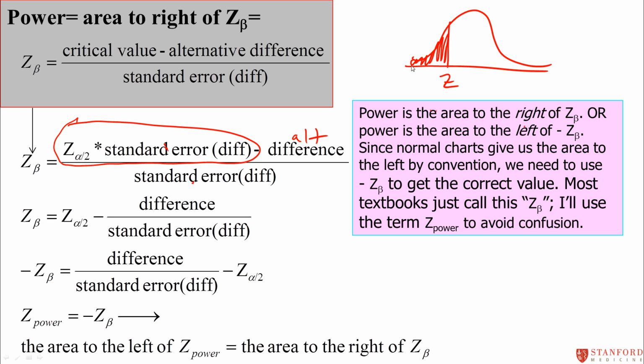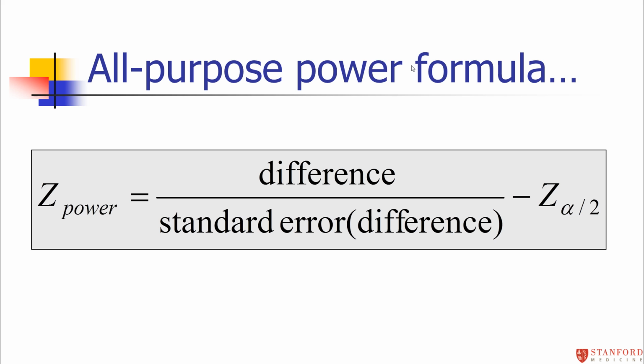That's the whole idea. So now we have here a general all-purpose power formula. If you want to calculate z power, and then you can go take that z power and find the area that goes with it to the left, you take the alternative difference, that is the true difference in means, you divide it by the standard error of that difference, and you subtract the significance level that you want. It's very simple.